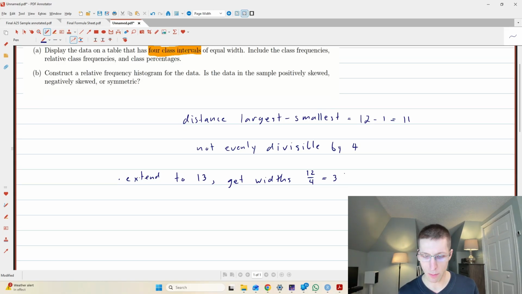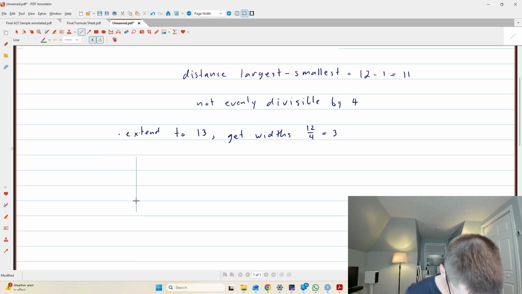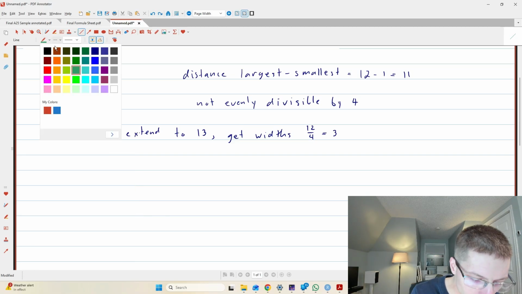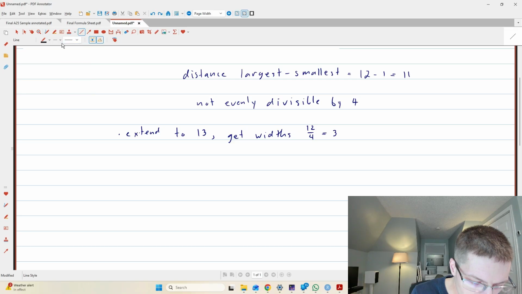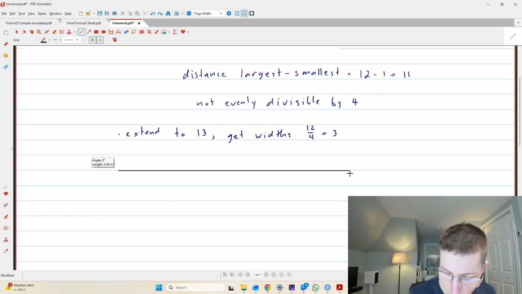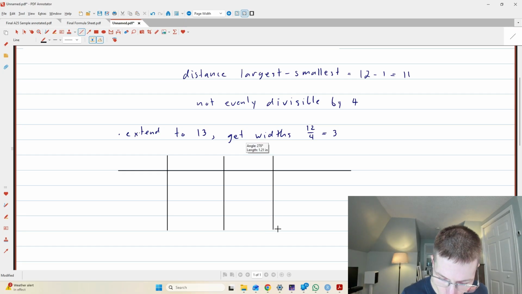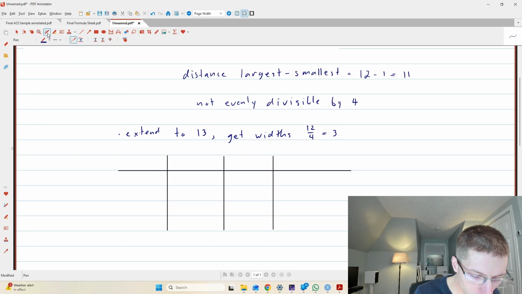Okay, so let's make the table. I'm just messing around with my stylus here to get the right appearance I want for it. So I want 4 intervals. And we're told to include the class frequencies, relative class frequencies, and class percentages. So let me write that down.